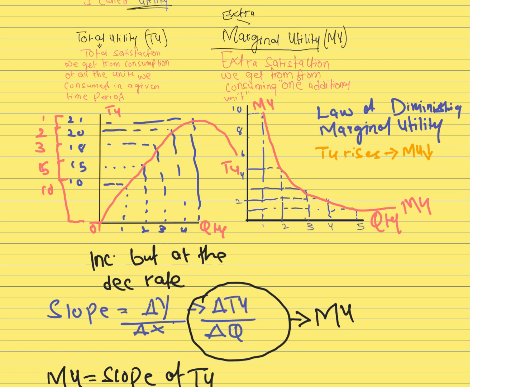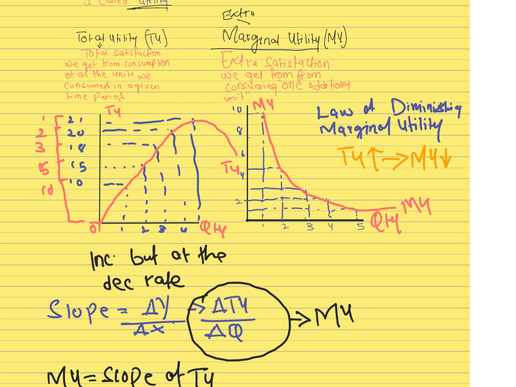So, as per the law of diminishing marginal utility, the total utility rises slowly at a decreasing rate, but the marginal utility will be falling because every additional unit will provide less satisfaction than the previous one.